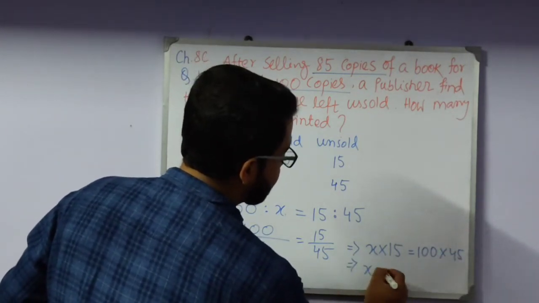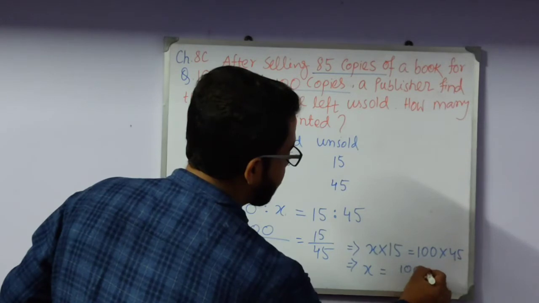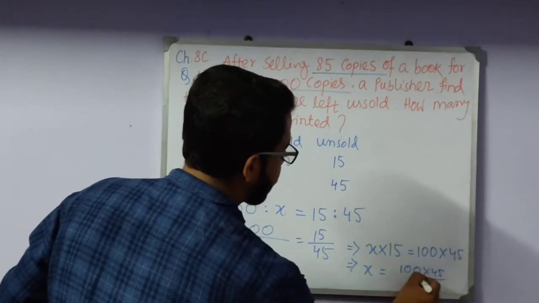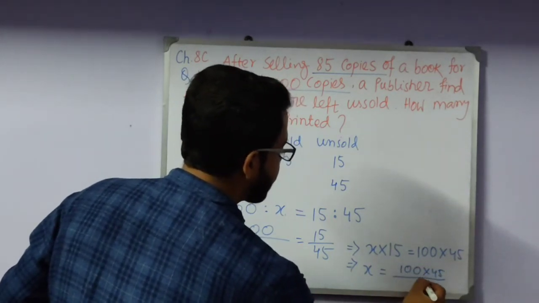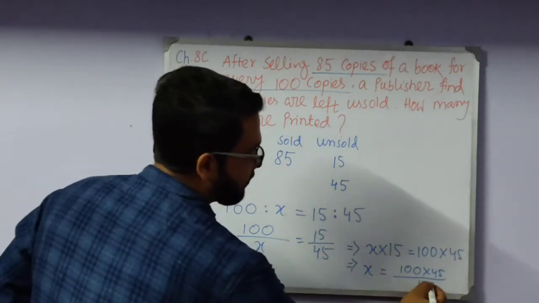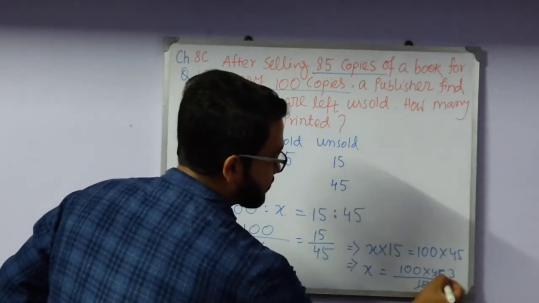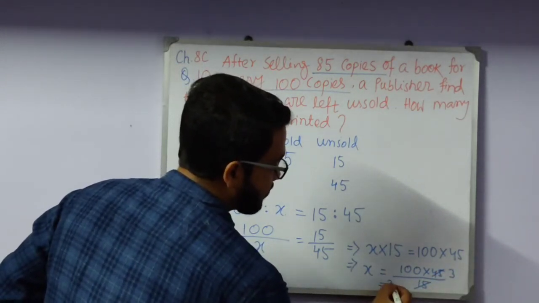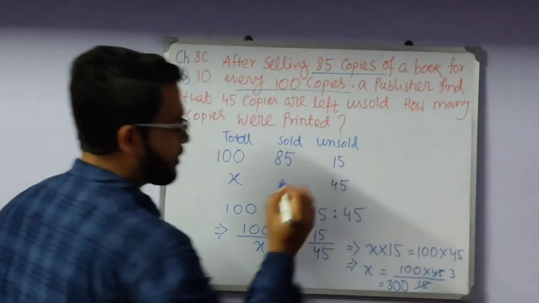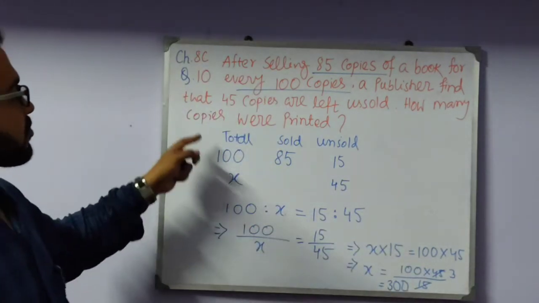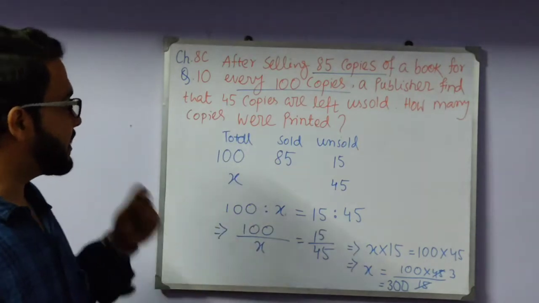So X is equal to 100 into 45 upon 15. 3 times means 300.